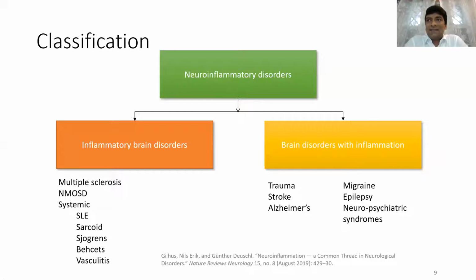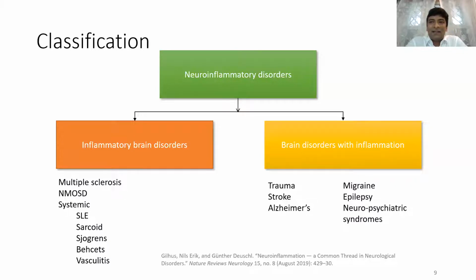There is data that shows that even Alzheimer's responds to non-steroidal anti-inflammatory drugs, and epilepsies respond to treatments like steroids. So sometimes you may wonder why neurologists have a low threshold and a penchant for using immunosuppression.